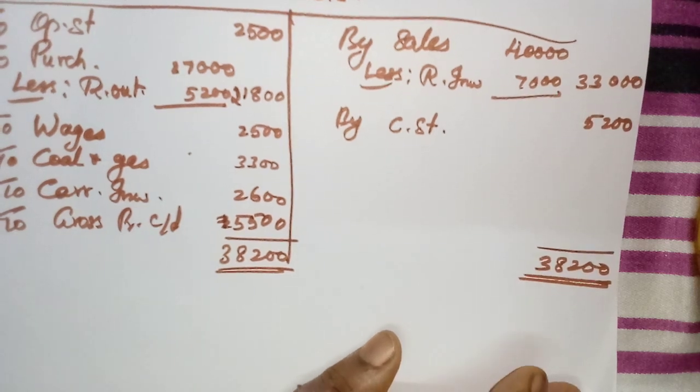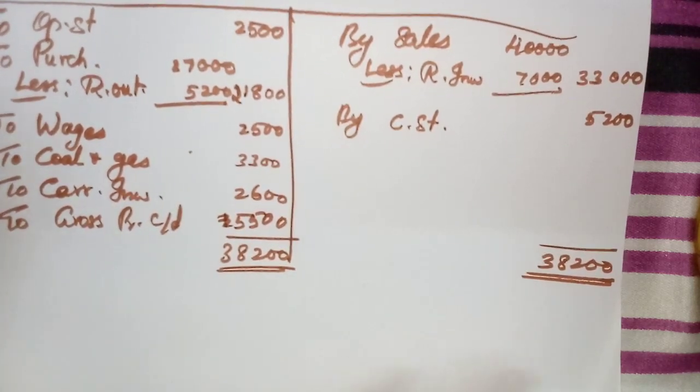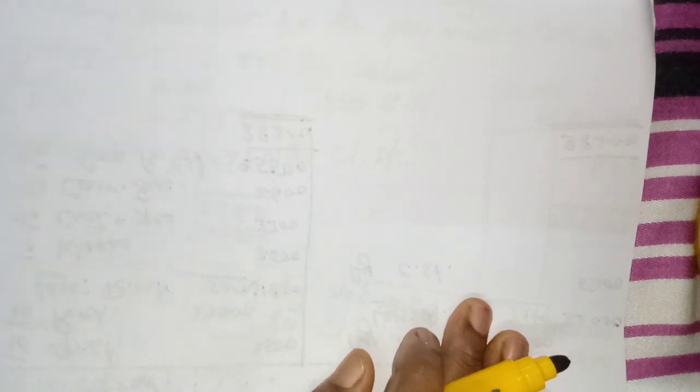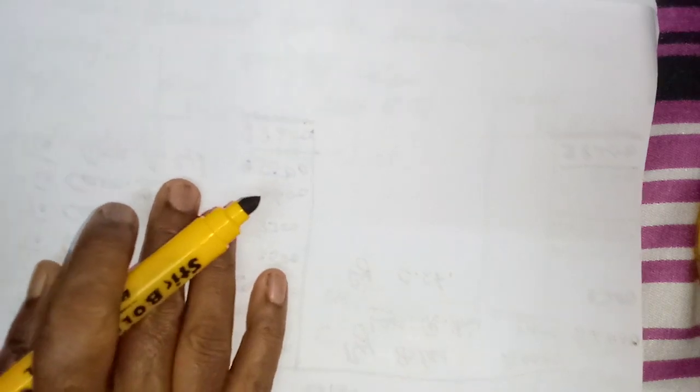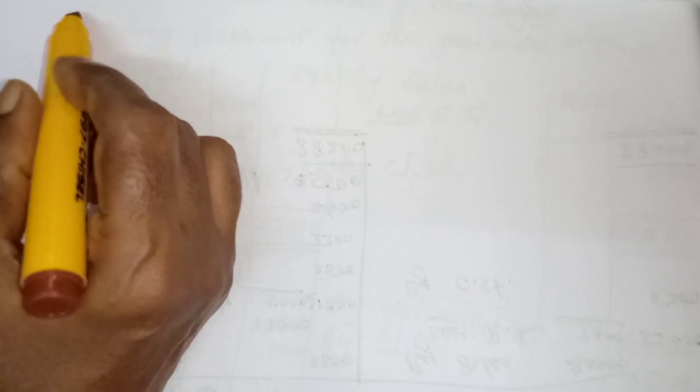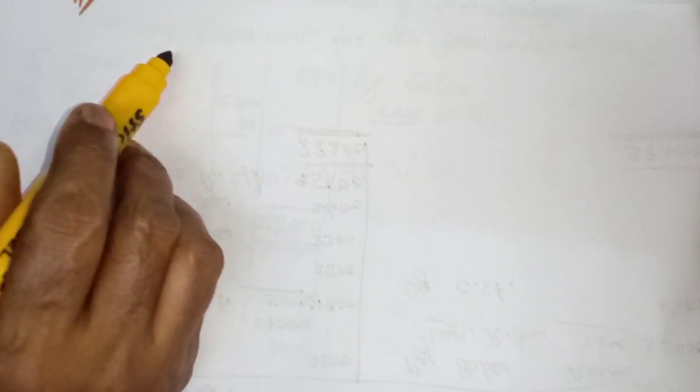Then the fourth exercise. Next, exercise number 4. We will write 4. Here we will read: the first item you see is adjusted purchases given.